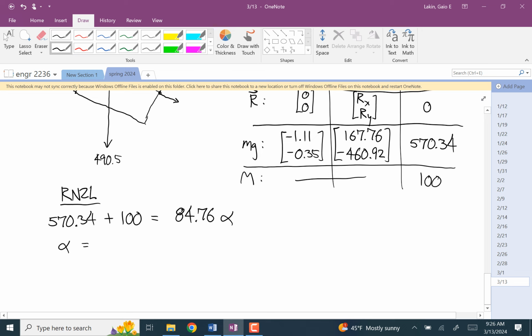And so alpha is positive 7.91 radians per second squared, which means that, we're going to need this for the next step, the angular acceleration vector is 0, 0, 7.91.